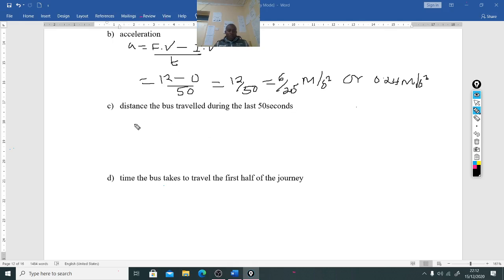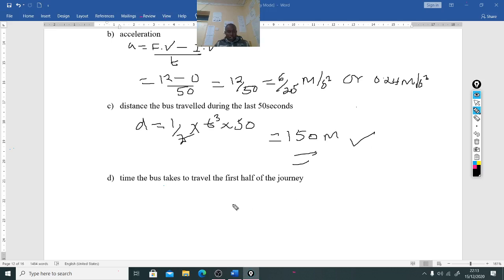We use the area of the last part: a half times 6 times 50, which is 3 times 50, and this gives you 150 meters. The last 50 seconds gives you 150 meters.